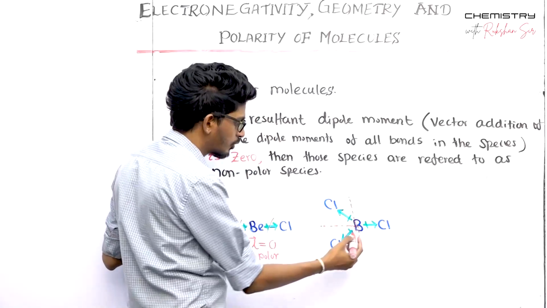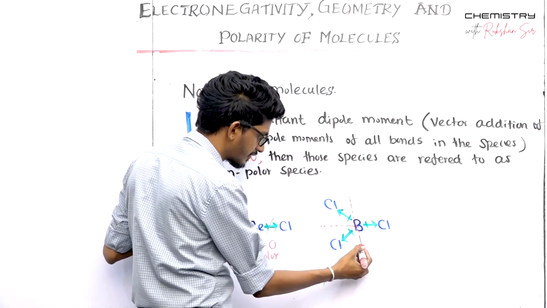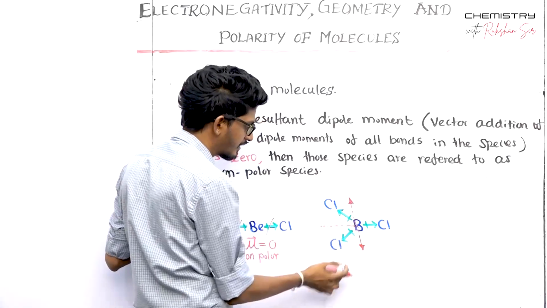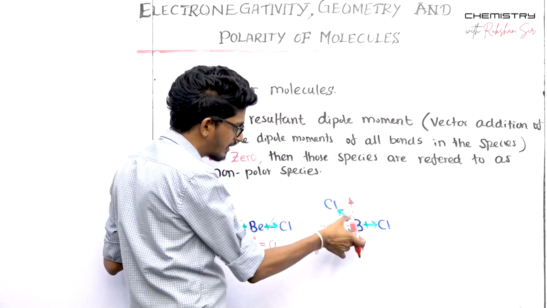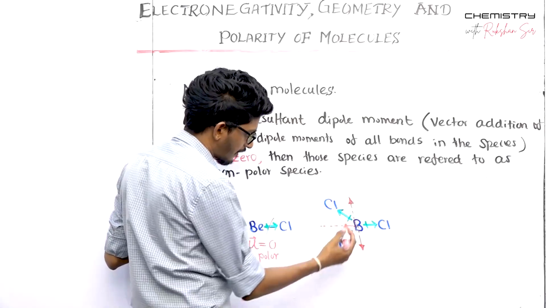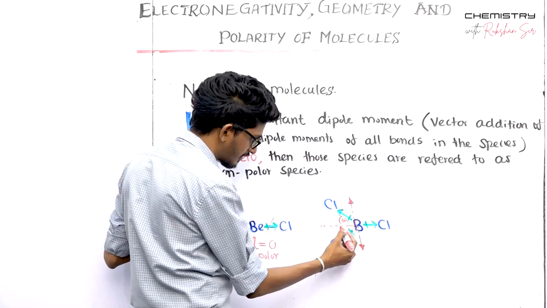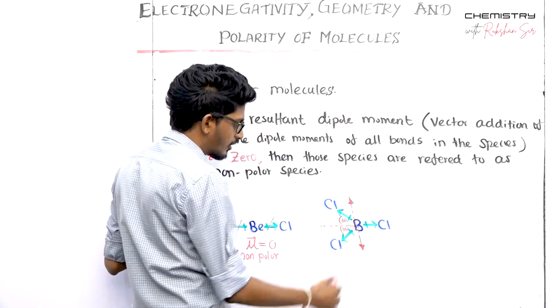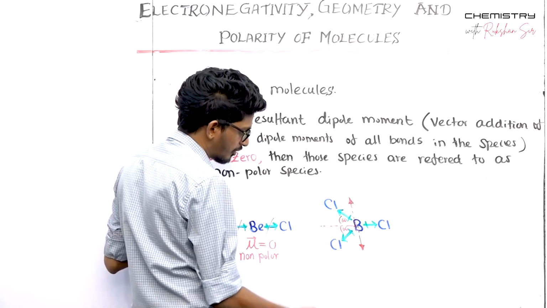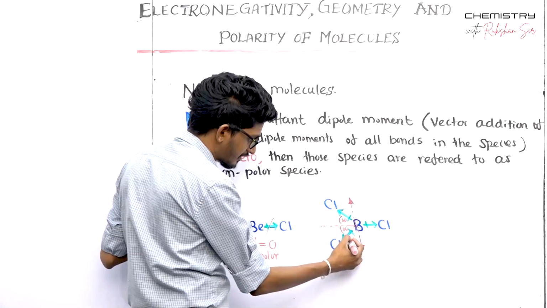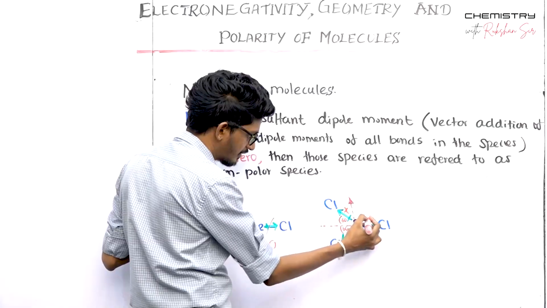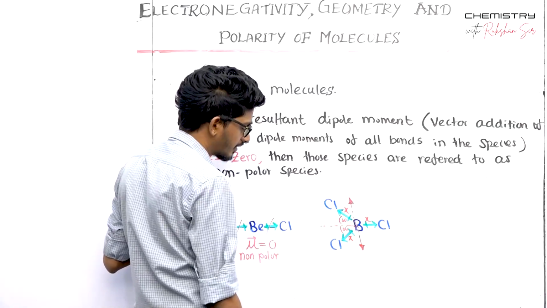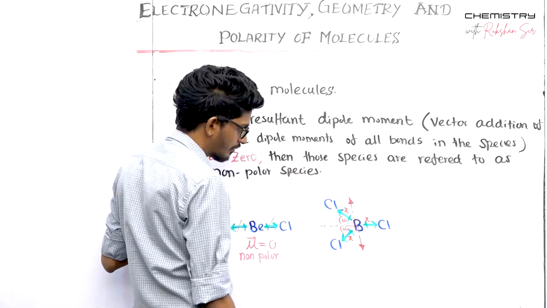The two vertical resolves of this thing, as this angle is 120, will be this 60. If x is the magnitude of this bond, this is also x and this is also x, because those are the same kind of bonds between the same two kinds of atoms.